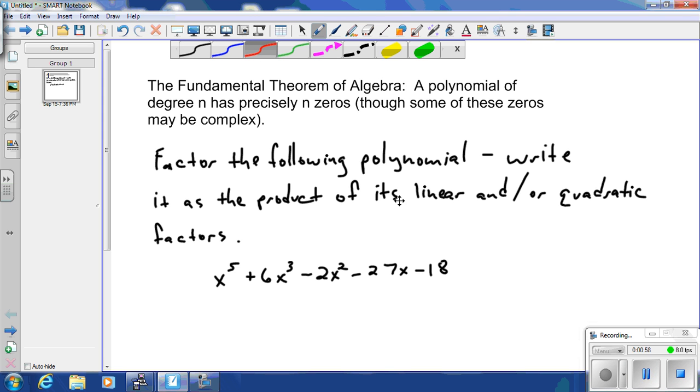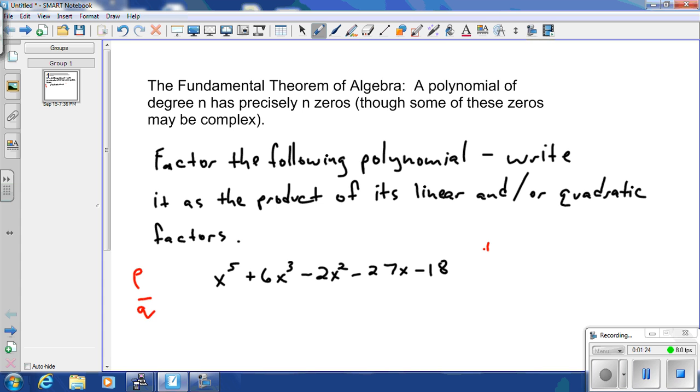The rational zeros would have to have the form p over q, where the top number is the factors of the constant, minus 18, and the bottom number is the factors of the lead coefficient, 1. That results in just the factors of 18.